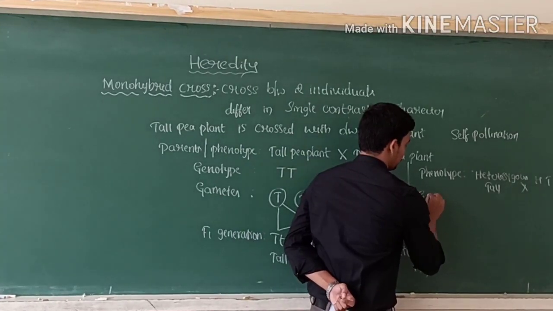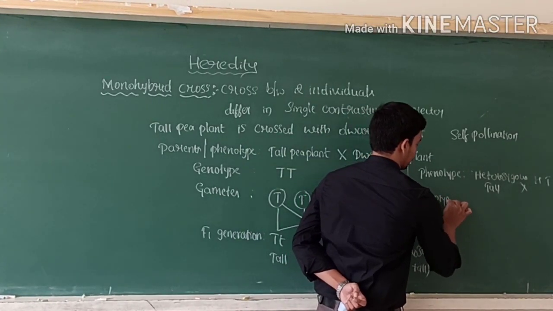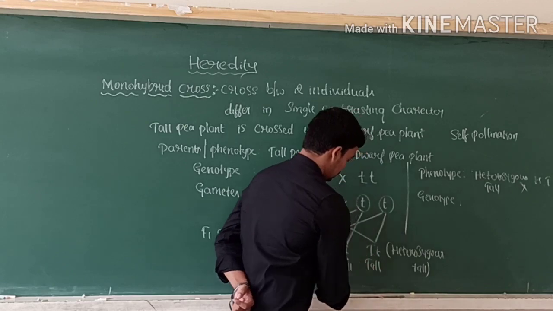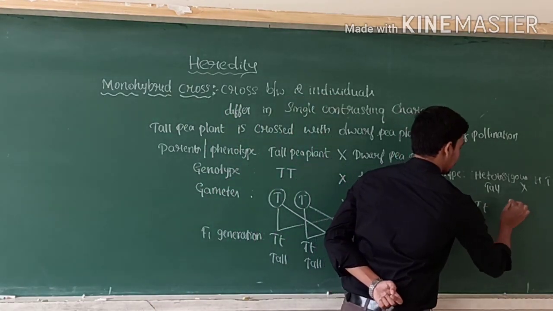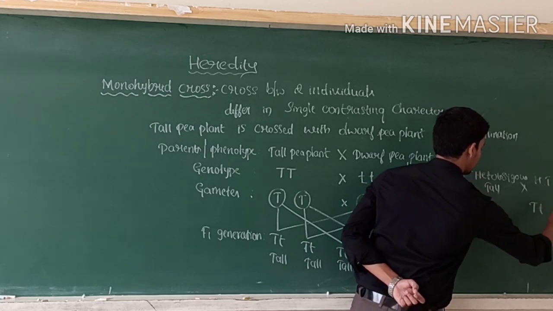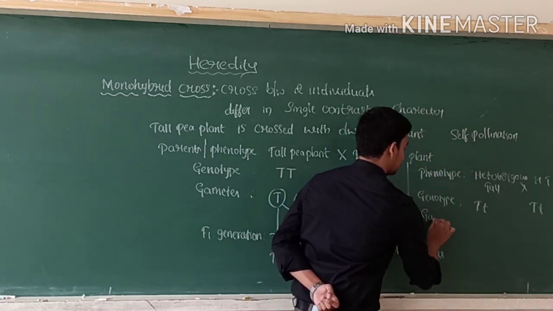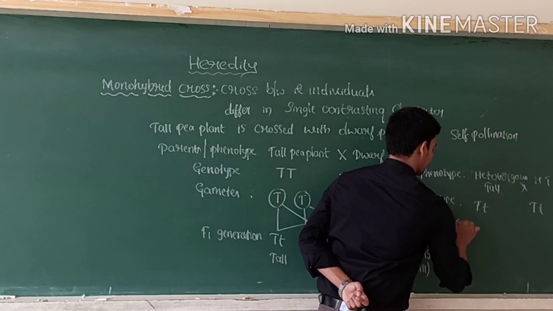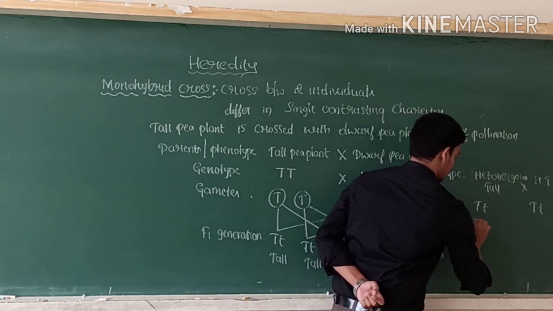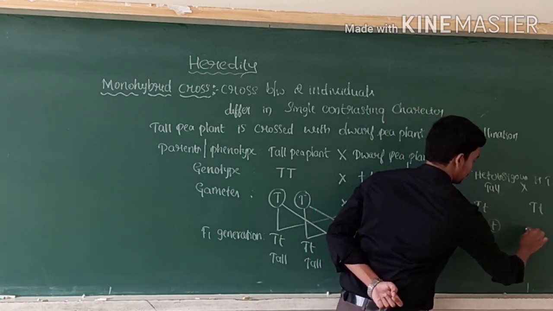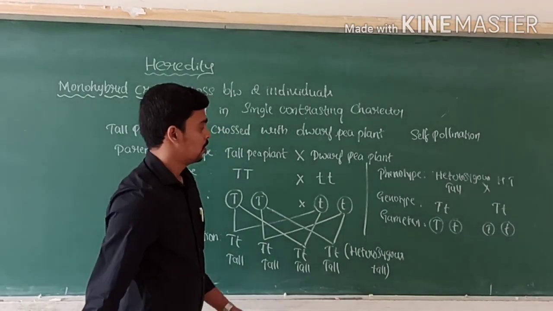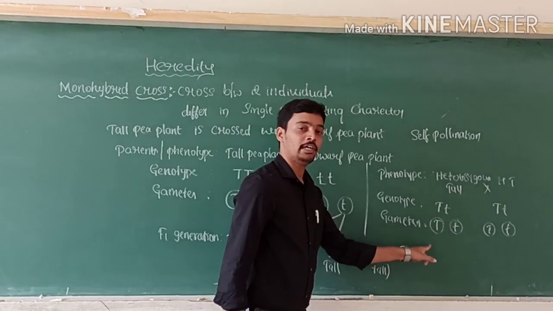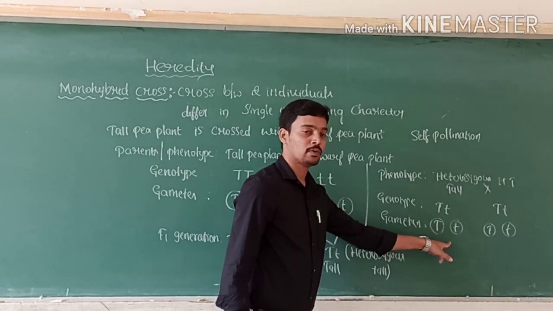And genotype, heterozygous tall's genotype is capital T and small t. Here also capital T, small t. Next, after that, gametes: capital T, small t. Okay, for the gametes we should circle the capital as well as the small letter.